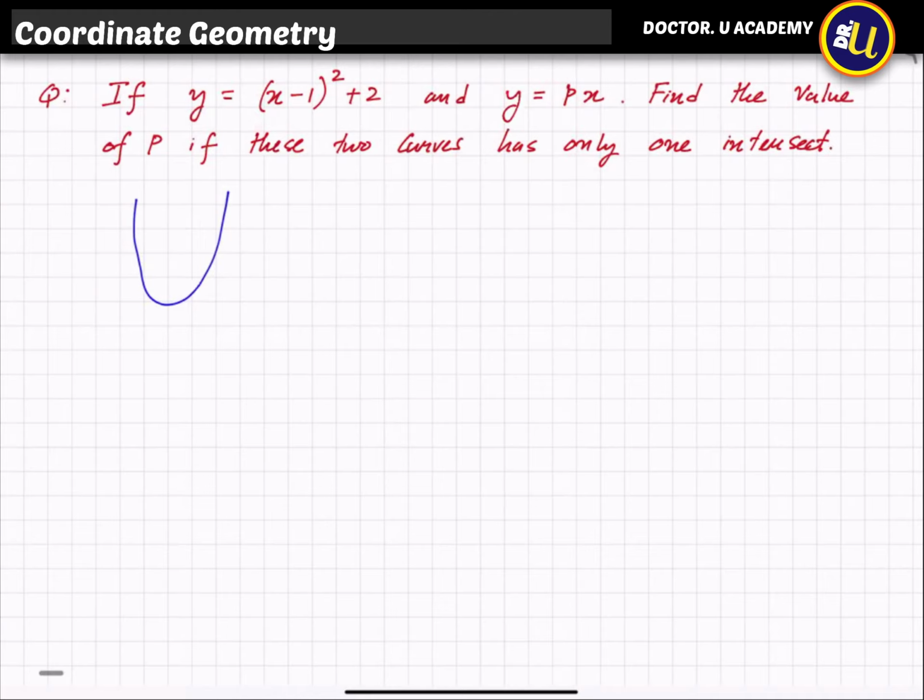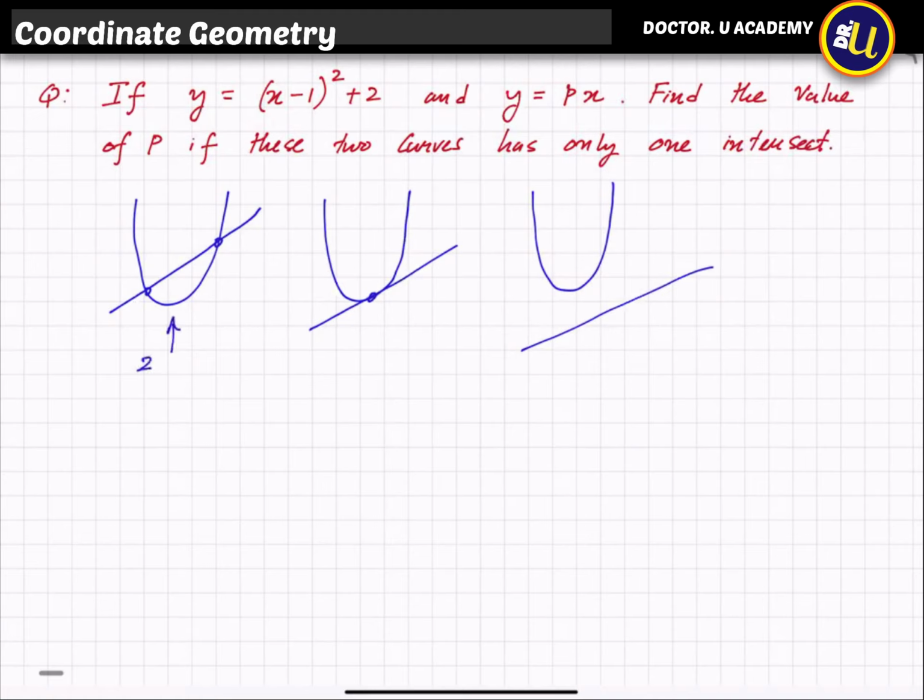So you can have a situation like this where you have two intersects. Also you can have a situation like this where you have only one intersect. Also you can have a situation like that here, no intersect. So that means here you have two solutions, and here you have one solution, and here you have no solution condition.